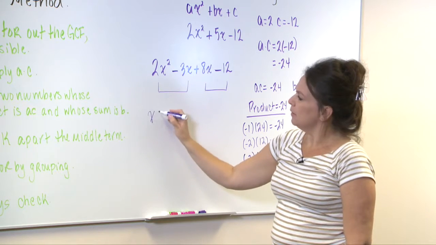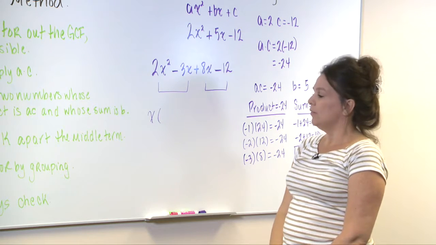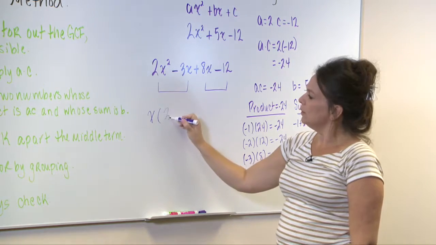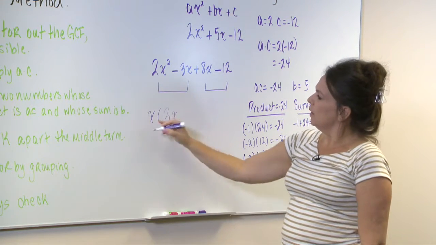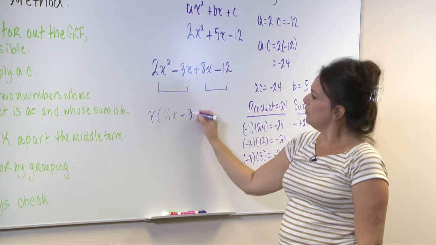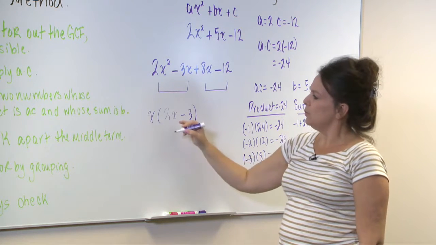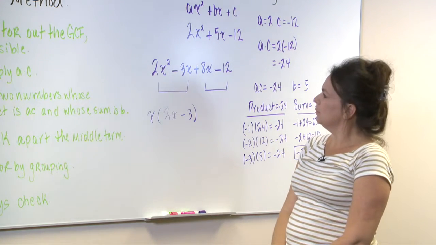I'm going to factor that out from the first 2 terms, and if I do that, x times 2x gives me 2x squared. x times a negative 3 will give me a negative 3x. I should always be able to multiply and get back to the previous step.